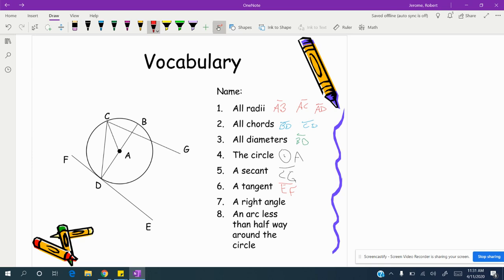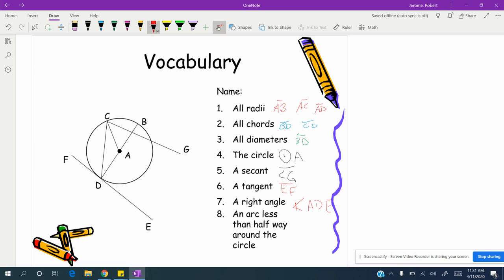So we might have something like angle ADE. Now we could say ADF, we could say BDE or BDF, but we have to identify those angles.